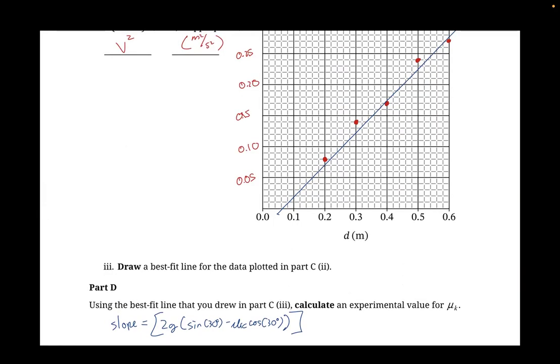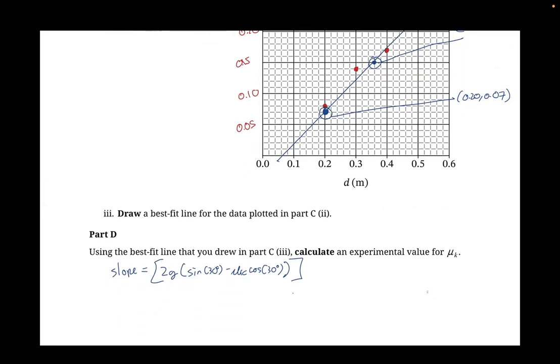We'll pick this point here, and I think this point here, that should do it. So these points are 0.33, 0.15, and the other one is 0.2, 0.07.